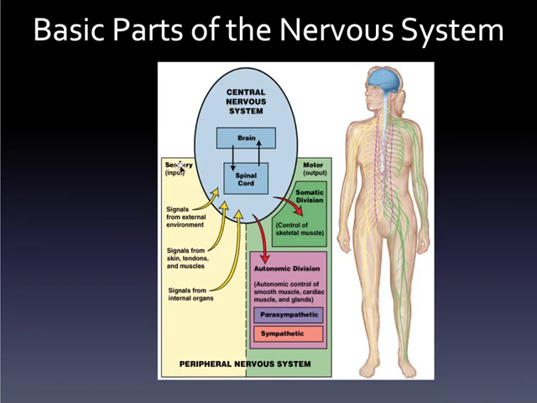Now, outside of that, we have the peripheral nervous system, which mainly consists of bundles of axons of neurons that either have their cell bodies in the central nervous system or very near to the central nervous system. So we do have neurons that have their cell bodies outside the central nervous system.